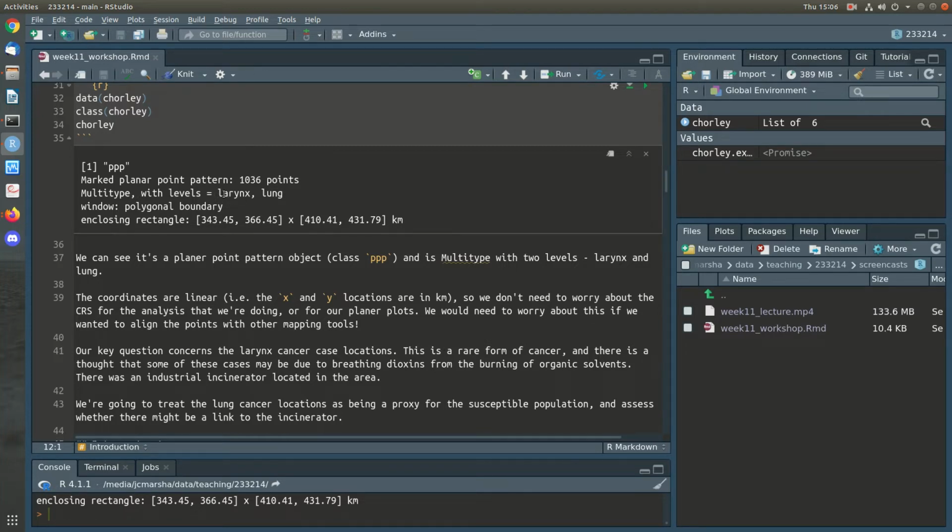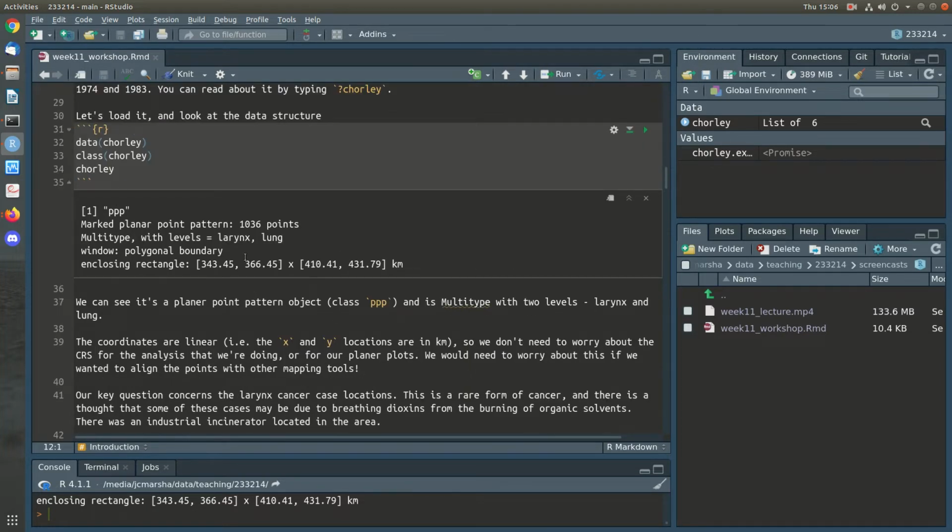Cancer of the larynx is quite rare, but you might think that the risk factors for developing any cancer might be similar, so that's why we're using lung cancer as a sort of baseline.